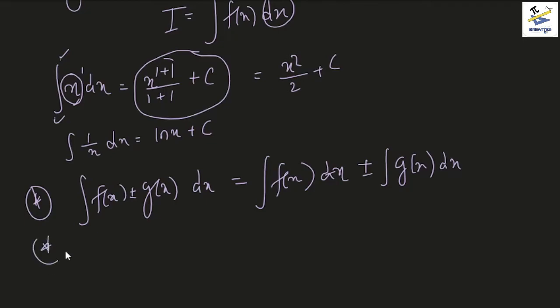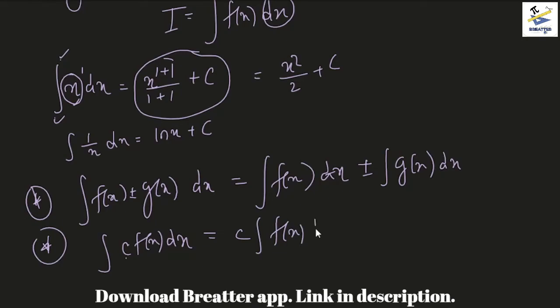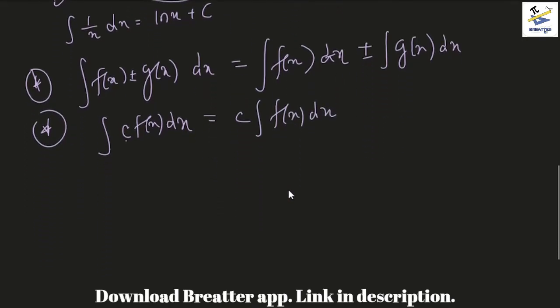If there is any constant c such that you have c into f of x dx, where c is independent of the integral variable, it will just give you c into integral of f x dx. So these are the two things we shall remember.